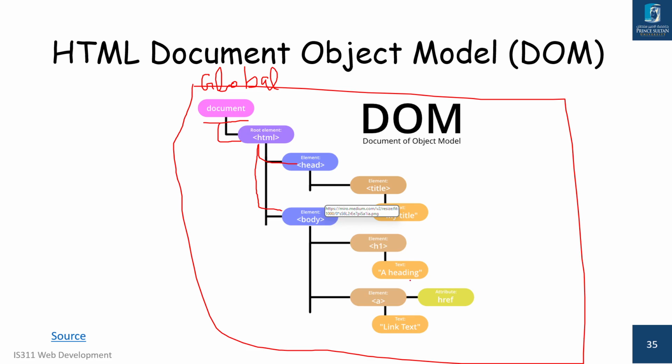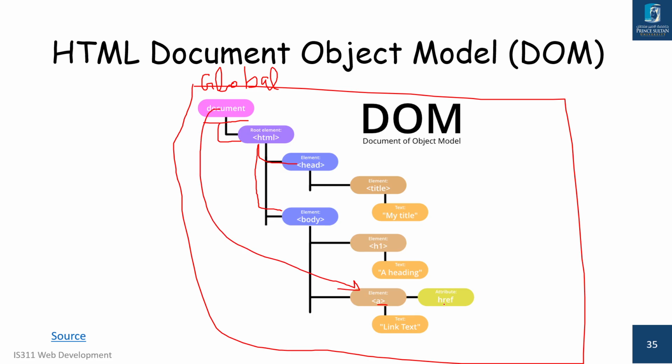Okay. If you remember, we said document.getElementById. If we have assigned an id value to this anchor element, using this document object I can directly access this element.